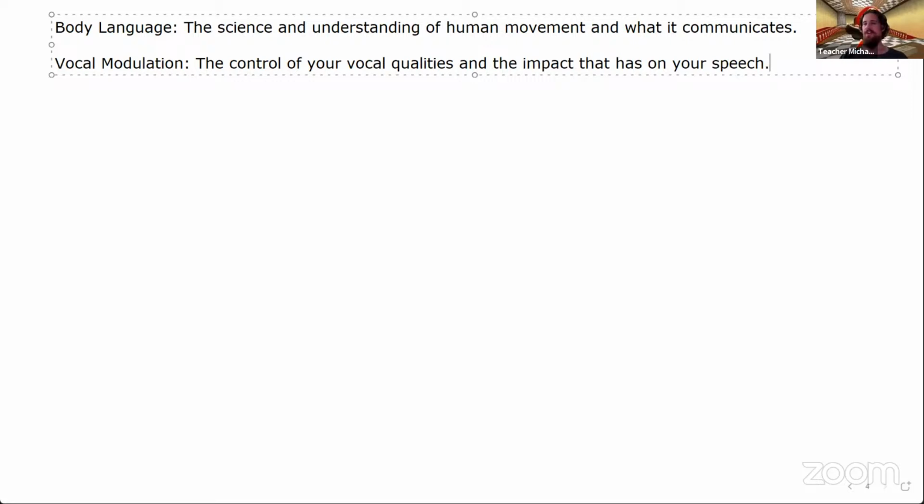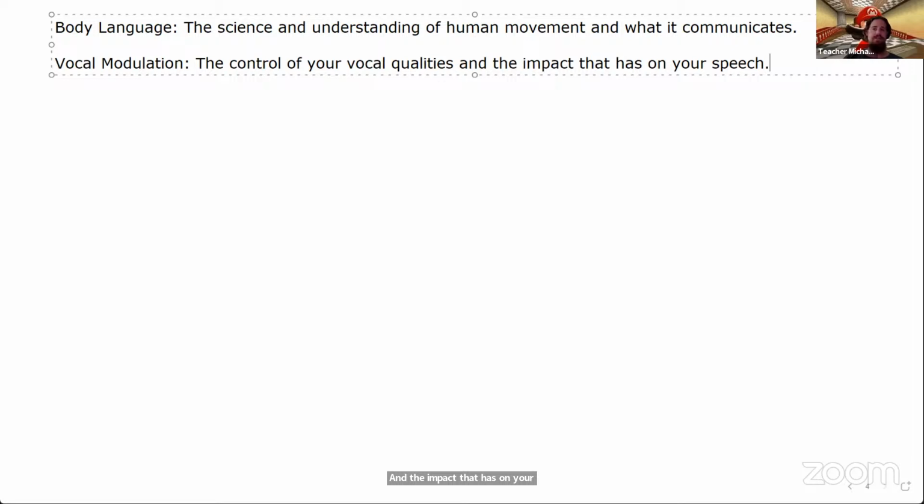Okay, so the first one that we were just talking about, and we'll actually do our breakout session on this topic, is vocal modulation. So it's the control of your vocal qualities and the impact that has on your speech.